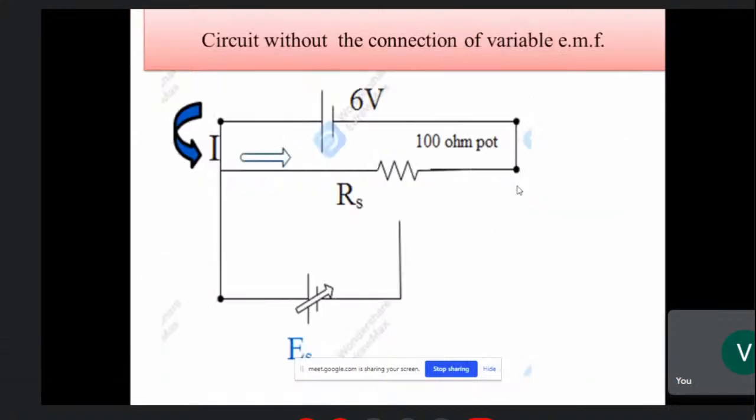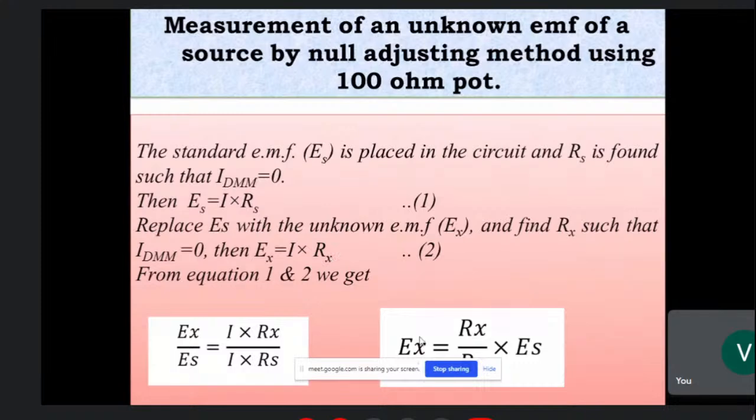So from this measurement, we can determine EX, that means the unknown EMF, from measuring RX and RS, and the measurement of RX and RS can be done by this pot.